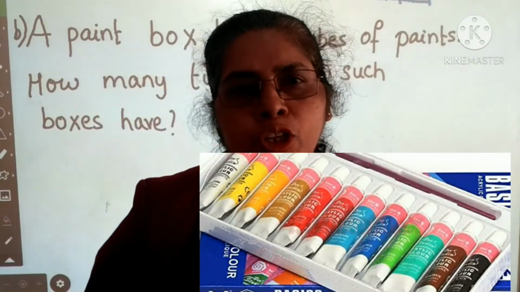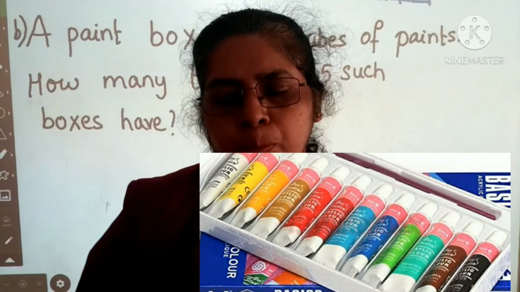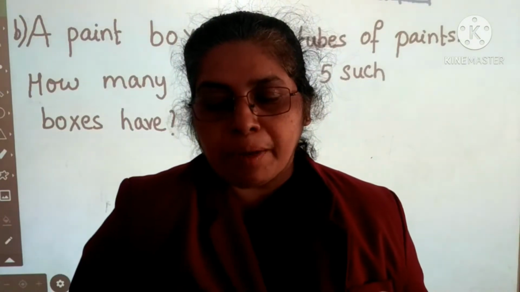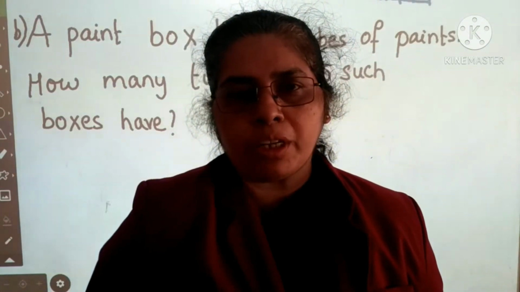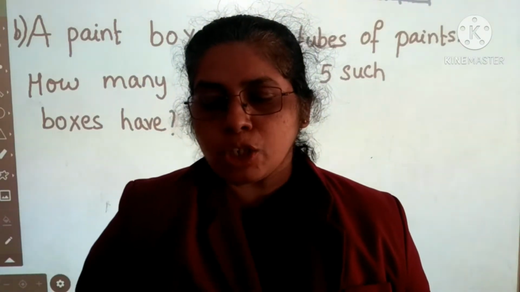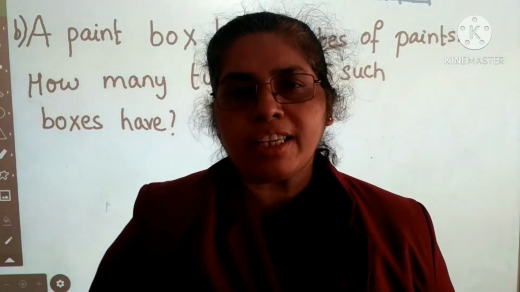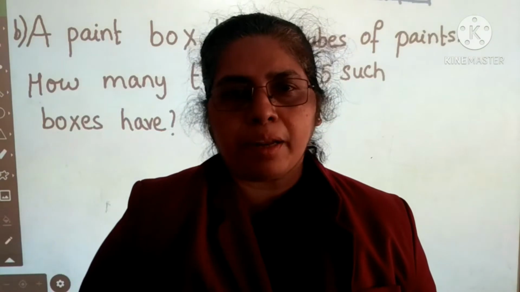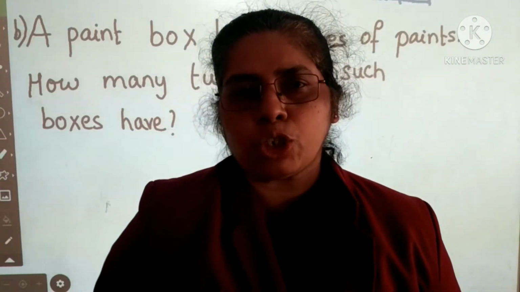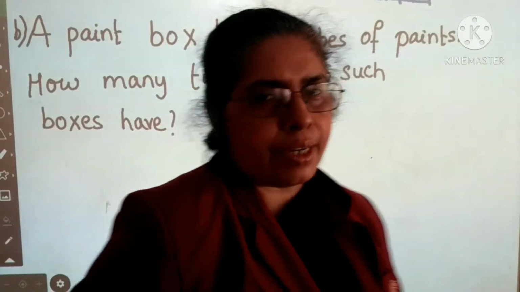Tube paint is there. In that paint box there are 16 tubes. One paint box has 16 tubes, so in 5 boxes how many tubes are there? That you have to find.